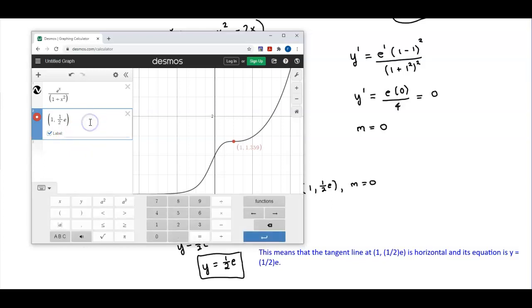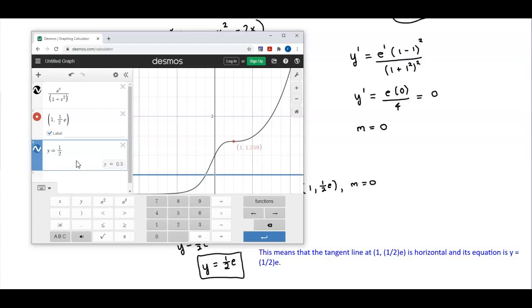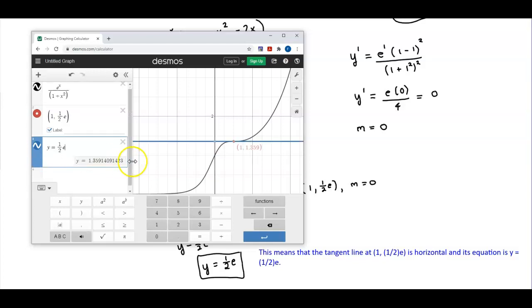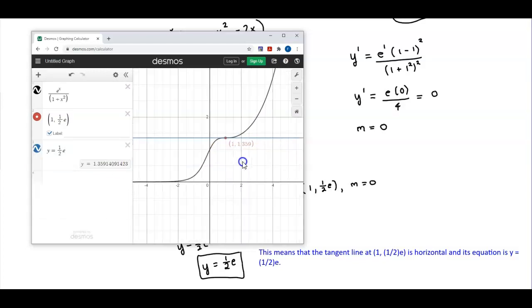Okay, and then let's go ahead and graph that line, which we know is y equals 1/2 e. So if we write y is equal to 1/2 e, and therefore there is our graph.